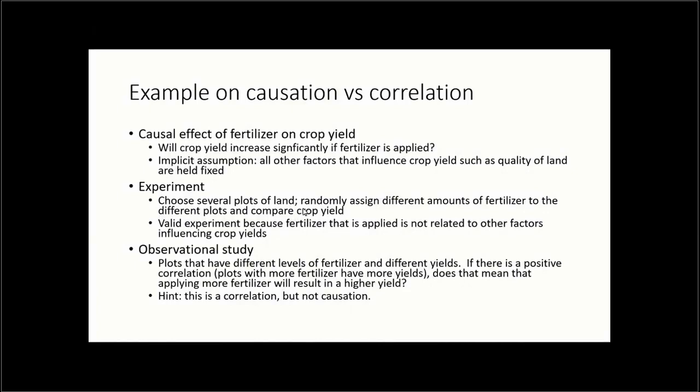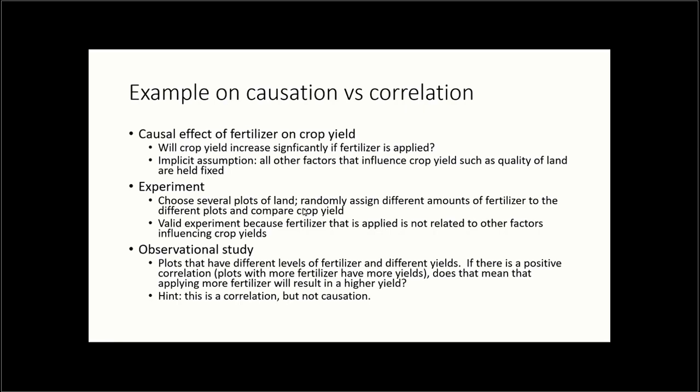In this example, we can choose to run an experiment where we select several plots of land and randomly assign different amounts of fertilizer to the different plots. For example, this plot would get less fertilizer, this plot would get more. Then we record the crop yield for these two plots and compare them, and ask: does putting more fertilizer on the land actually increase crop yield?